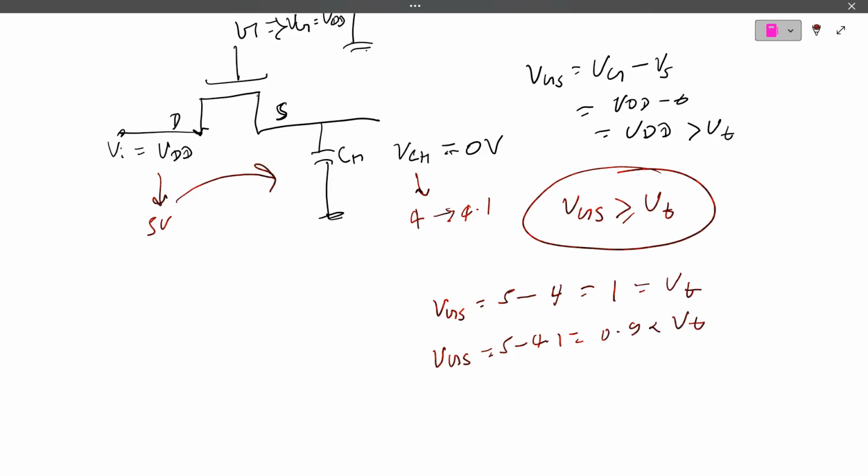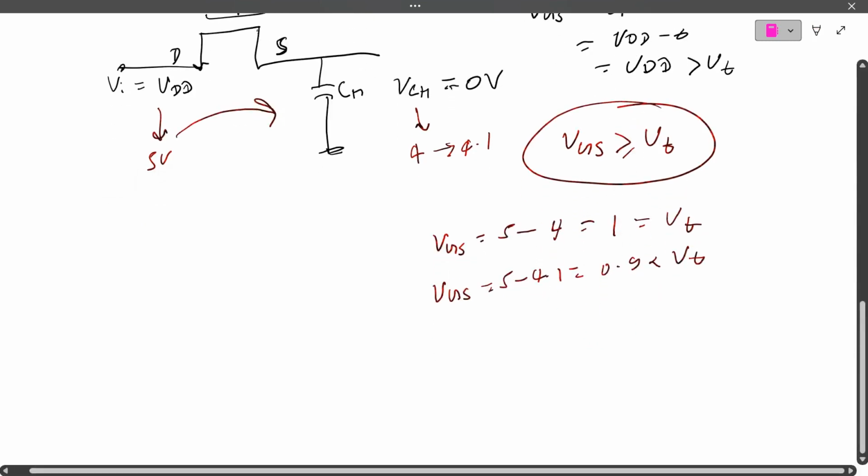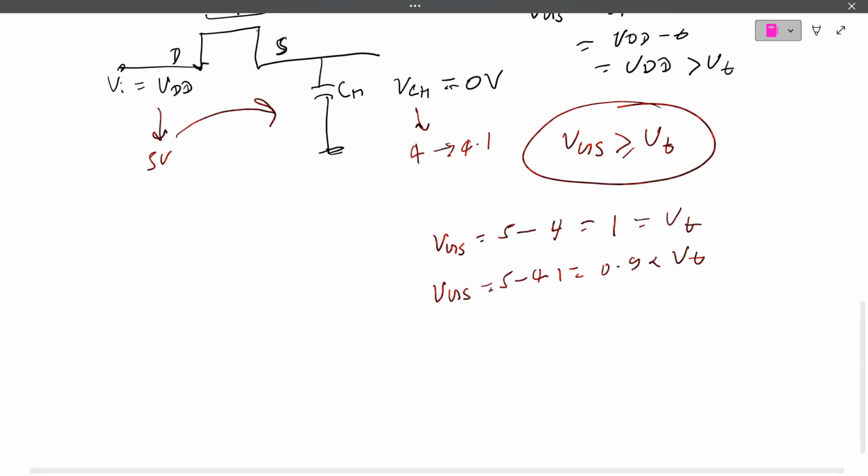The capacitor charges up to 4 volts, but it is not totally charged up to 5 volts. So this switch will not work there. If I take this kind of switch, it is not good for equal charging of what we want to charge.